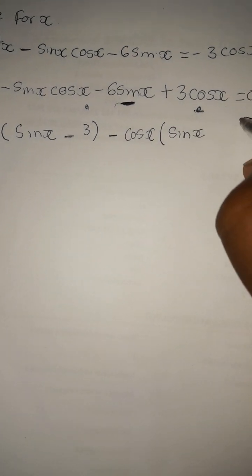Remember, for you to get sine cos x, you will need sine here. To get to positive 3 cos x, you will need negative 3, because when you say negative cos x times 3, you get positive cos x.